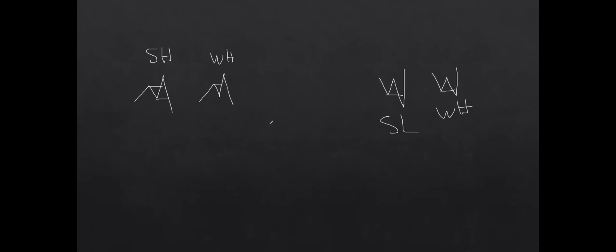But how do we combine this? Let me show you. So when we have a strong low, when a strong low is formed in a point of interest, they're pretty much always formed in the POI, right? When a strong low is formed in a point of interest, or just a strong low in general, it will automatically, hear me out, it will automatically create a weak high.